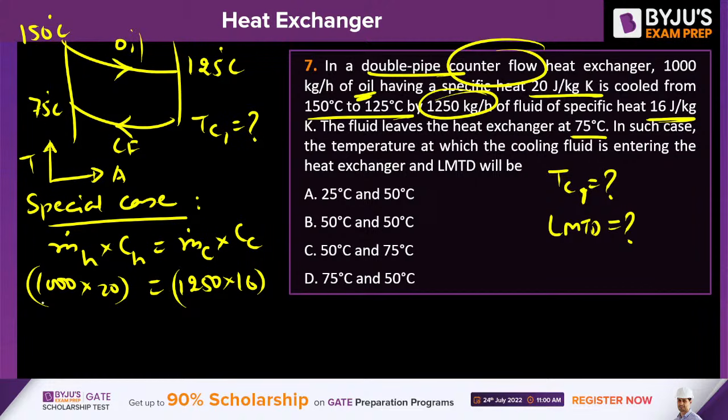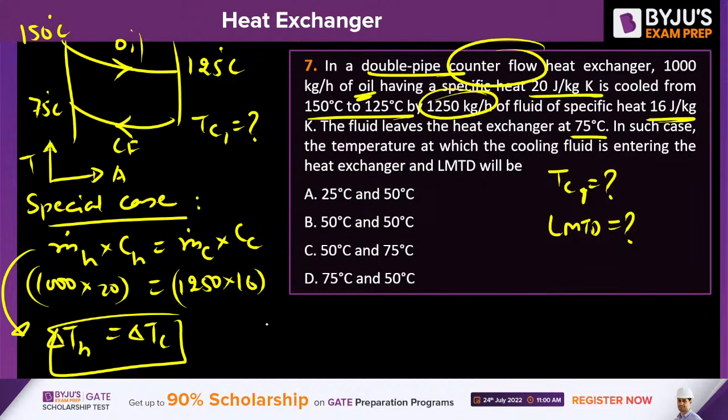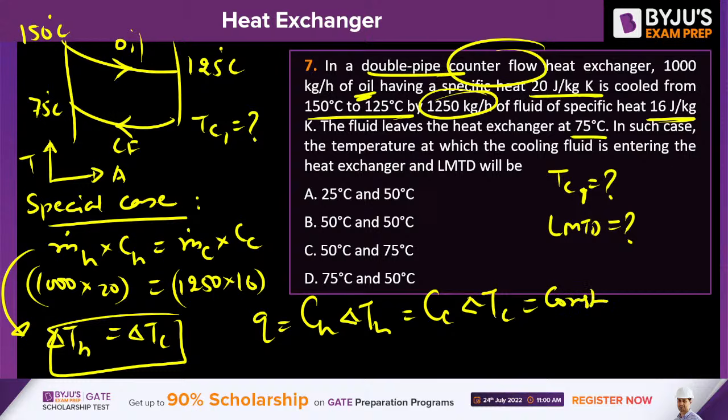So it is a special case. From the energy conservation equation, if the products of mass flow rate and specific heat are the same, then delta TH is equal to delta TC, because Q is equal to CH into delta TH is equal to CC into delta TC. That remains constant.